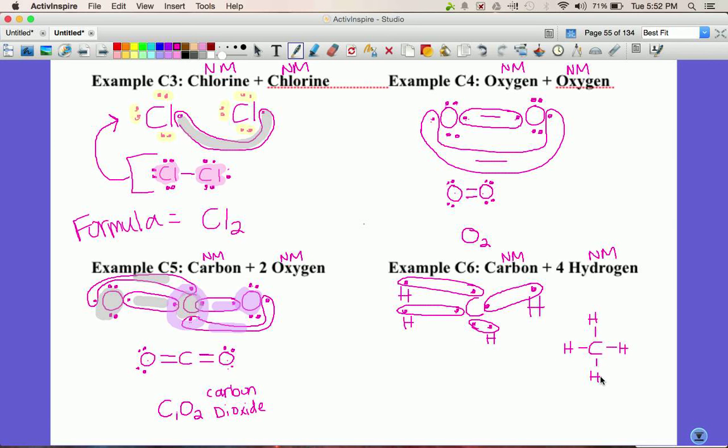So that way carbon still has its 8. 1, 2, 3, 4, 5, 6, 7, 8, like it likes. This will be C1, since we only had 1 carbon here. H4, since we have 4 hydrogens. This is methane gas. And that is how you covalently bond atoms.